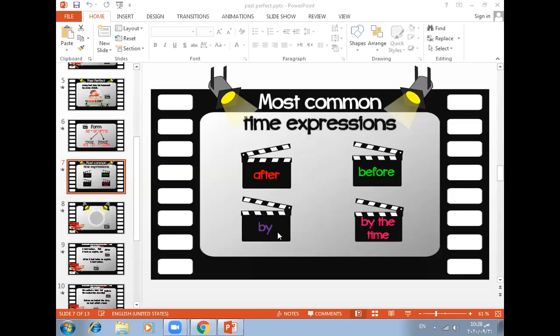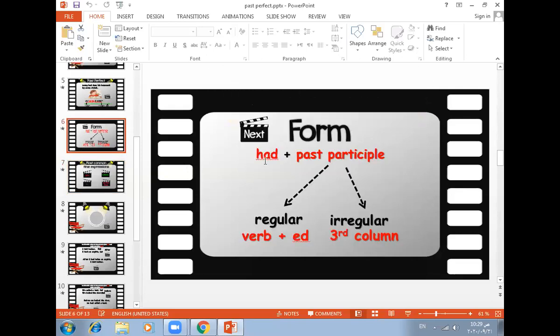And by we use just one action, past perfect. Past perfect consists of had plus the past participle, had plus the third form of the verb. Okay?